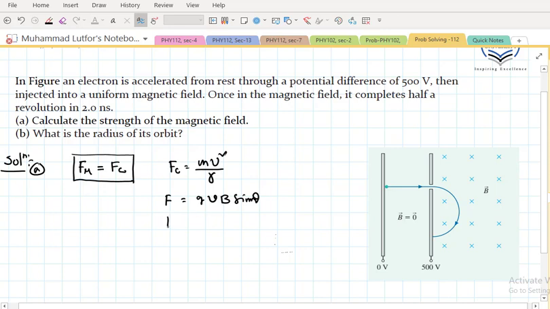We can also express this in vector form. Basically, Fm, the subscript I forgot to write, must be equal to q times v cross B.